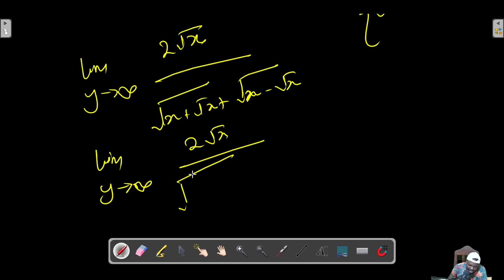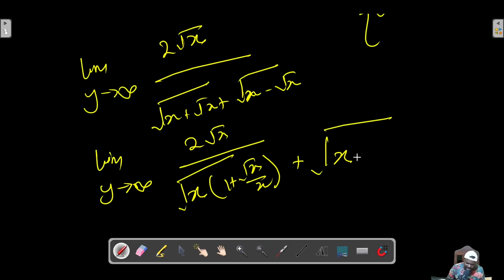For this particular square root, I can factorize out x, then 1 plus root x over x. Then what am I going to get? Plus. I do the same for this one also, x out, 1 minus root x over x.